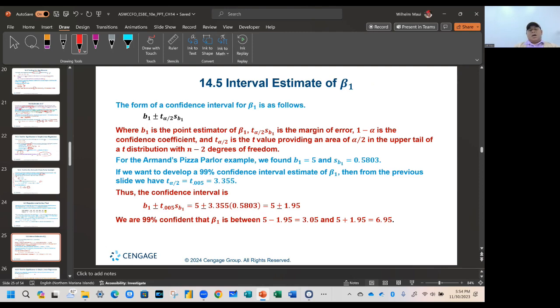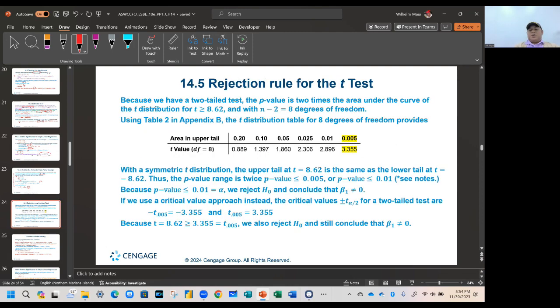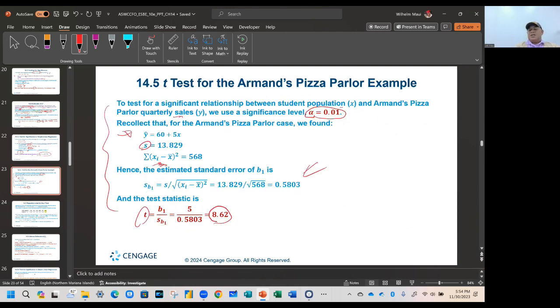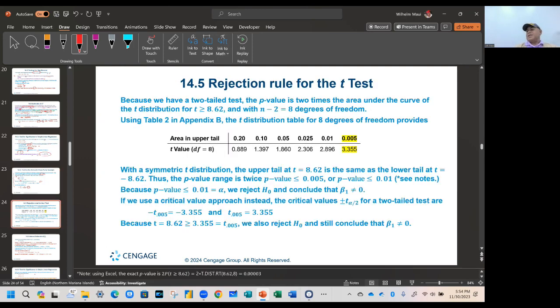You need to compute your t because that t is going to allow you to find the probability associated with t to determine whether you should reject or not reject the null. And if you're using the critical value approach, then you will have to figure out the t at the critical value and then determine again whether you should reject or not reject. So that's why I'm bypassing this whole table routine.